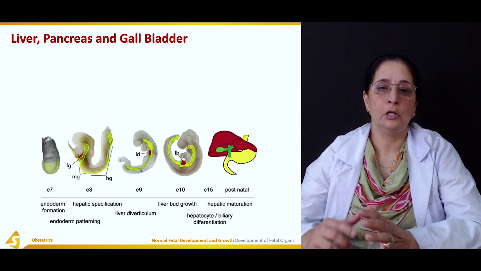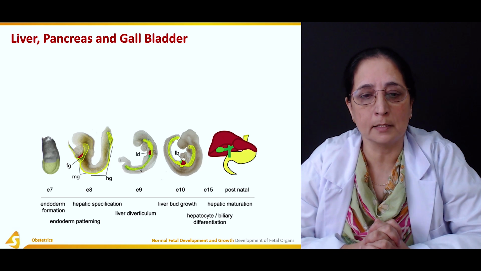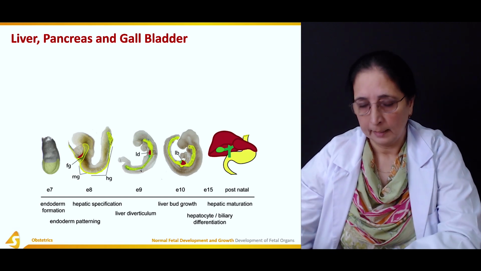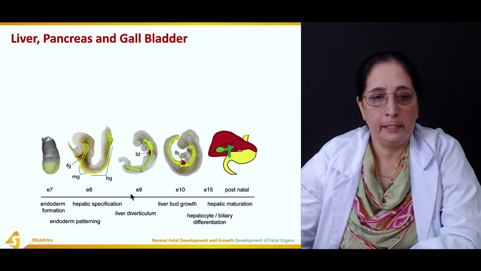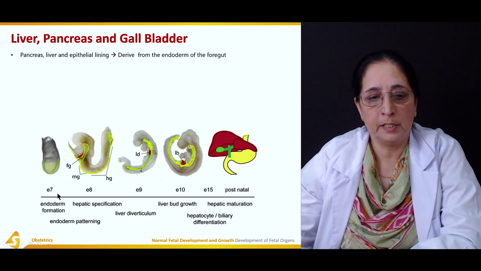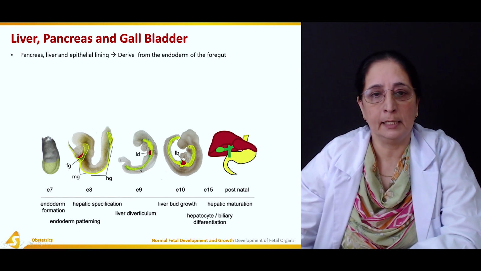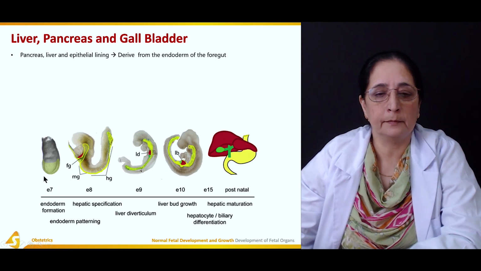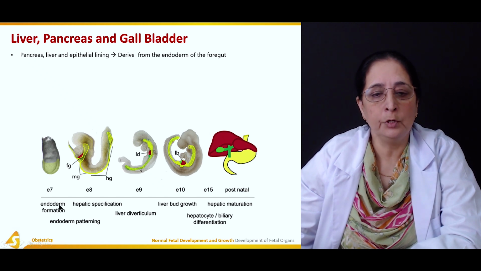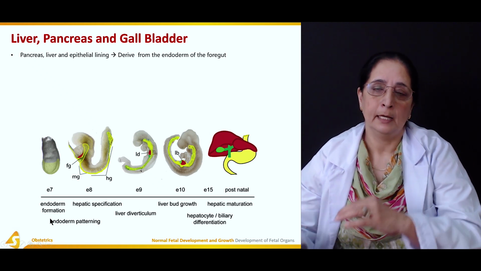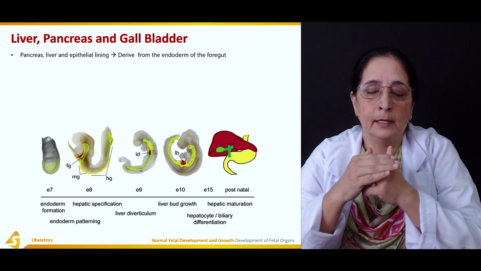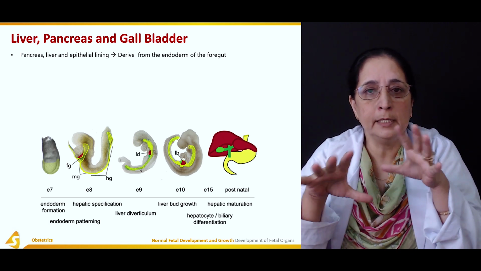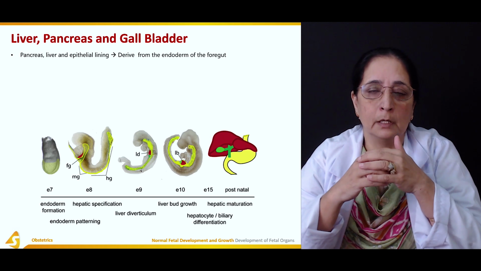Then the formation of liver, pancreas, and gallbladder. If you see this diagram, in the first stage, at the 7th phase or stage of the pregnancy, the endoderm formation occurs. There are 3 layers from where all these structures and embryos are formed.